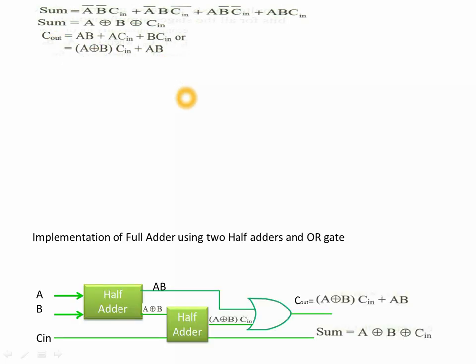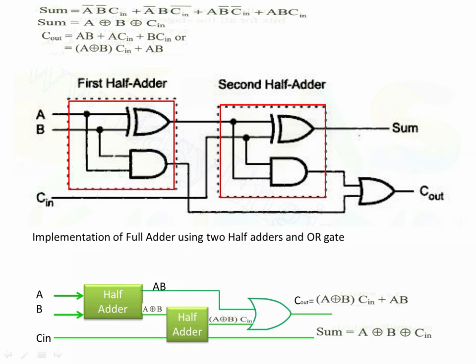That is, sum equals A exclusive OR B exclusive OR Cin, and carry out equals A exclusive OR B Cin plus AB. We know that half adder outputs are sum and carry, where sum equals A exclusive OR B and carry is AB.